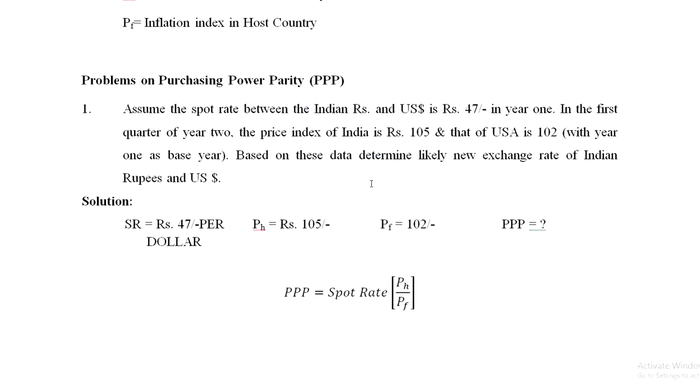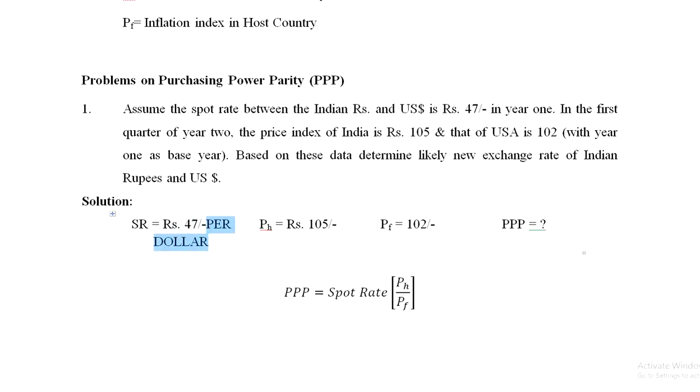So coming back to this, how do you determine which is the PH and which is the PF? H means home country, F means host country. How do you define this? See, in this question he has given the spot rate. Spot rate is given in which currency?